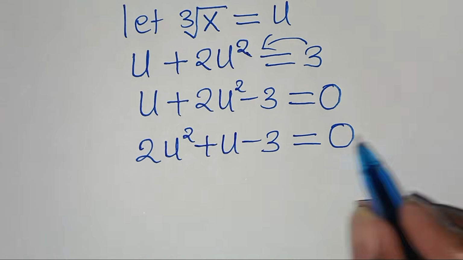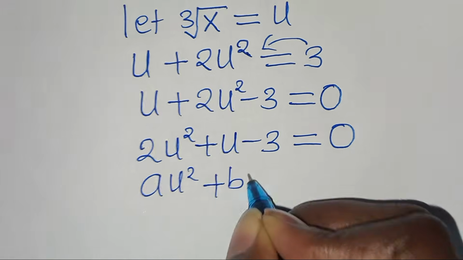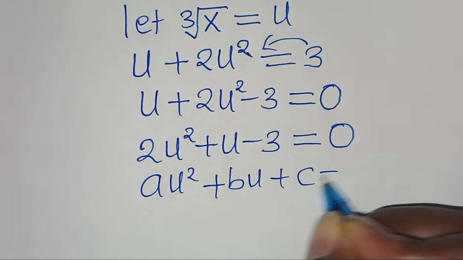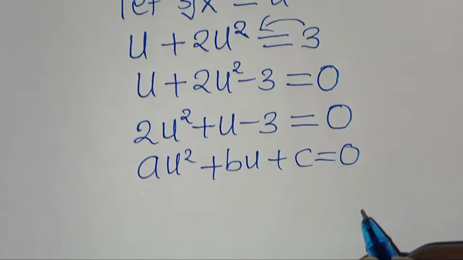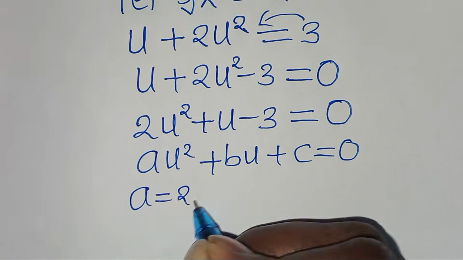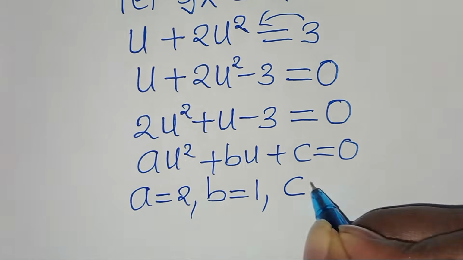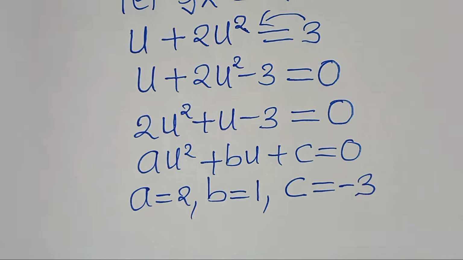This is a quadratic equation of the form au squared plus bu plus c equal to 0, where a is equal to 2, b is equal to 1, and c is equal to minus 3.